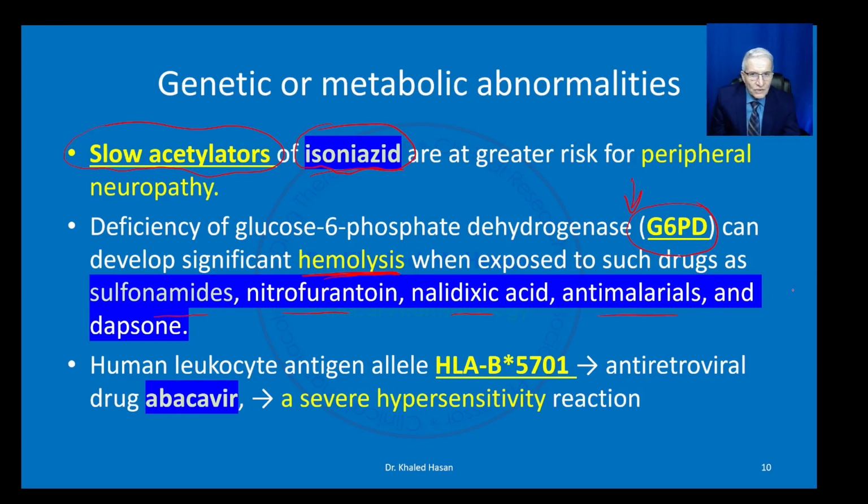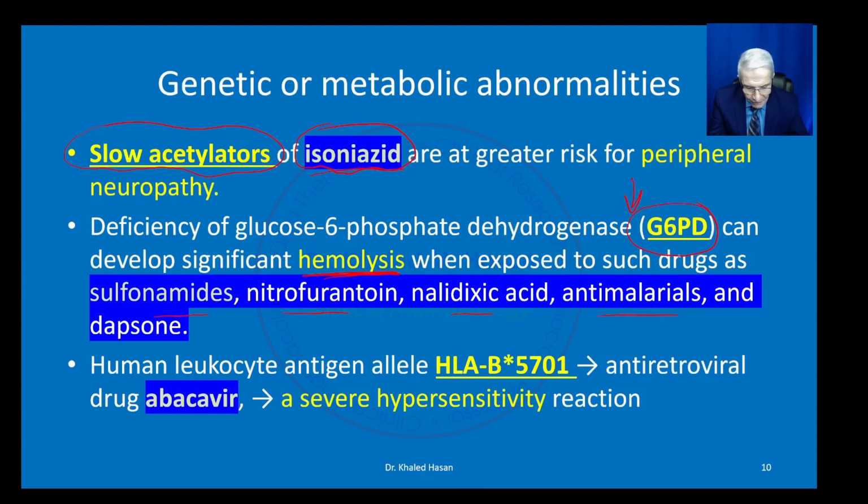So we need to take this into consideration. If patients suffer from G6PD deficiency, there is a risk of hemolytic anemia due to treatment with sulfonamide, nitrofurantoin, nalidixic acid, or anti-malaria medication. Dapsone, for example, is also another case.